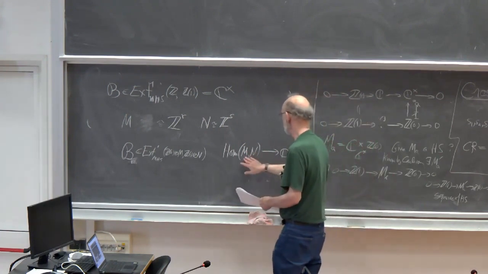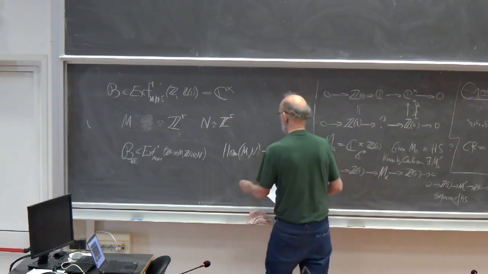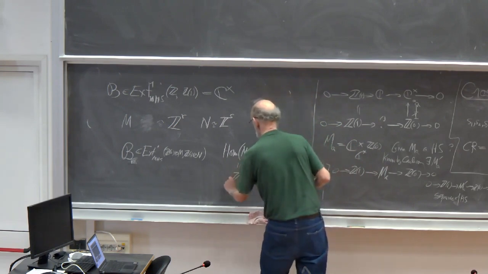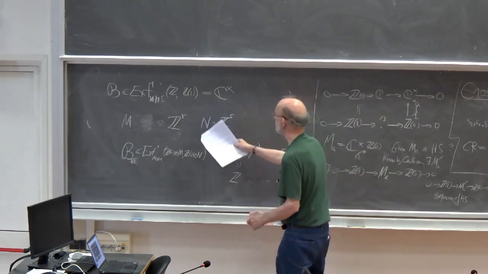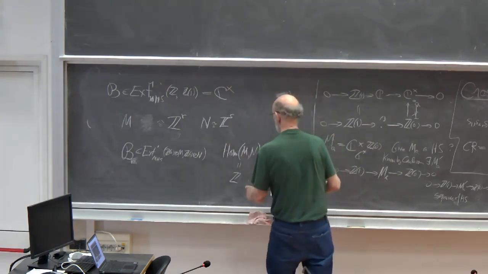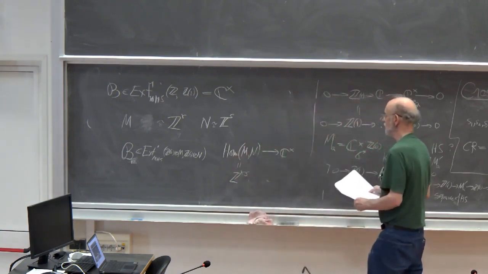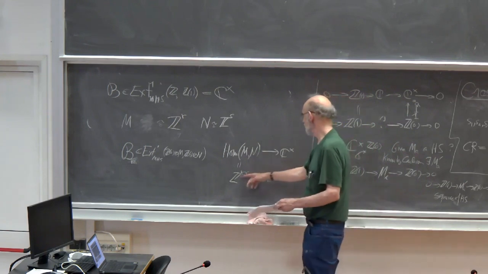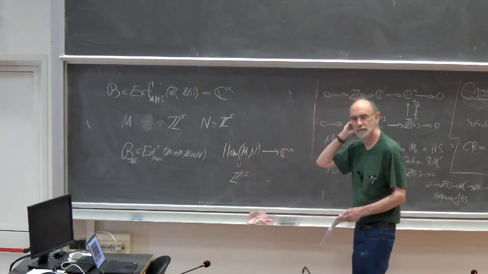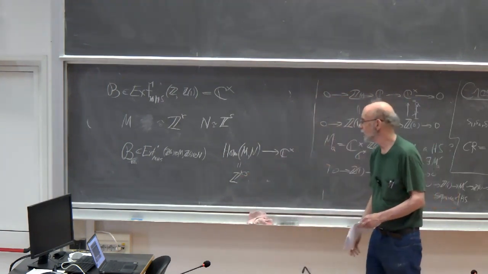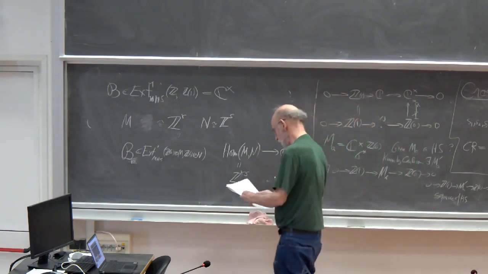This, of course, is just Z to the M, rank R, and Z to the S, I suppose M is rank S. So I get a map from Z^(R×S) to C cross, right? Okay, so where are we?